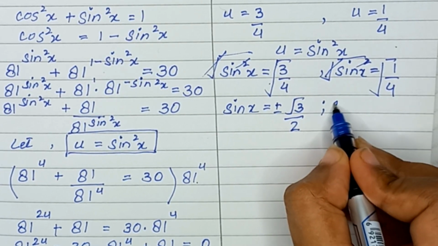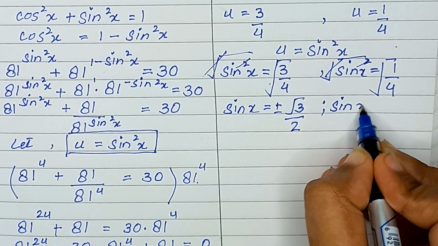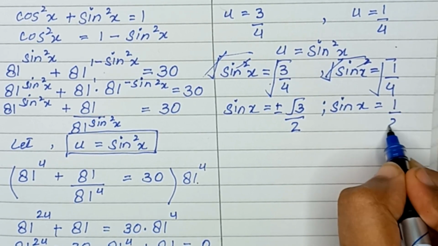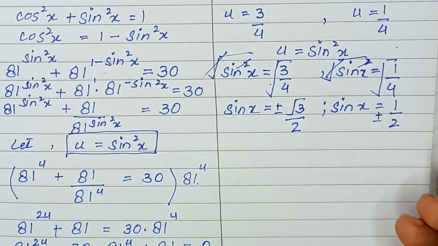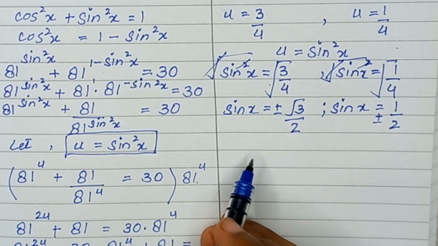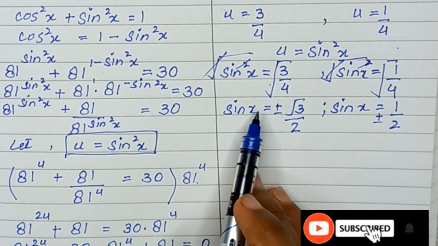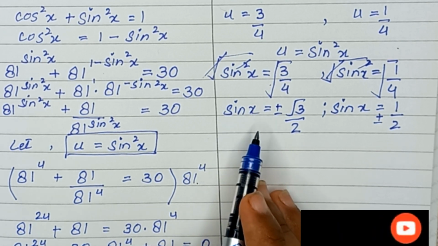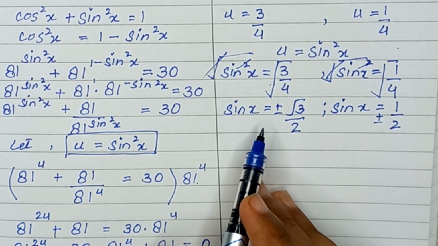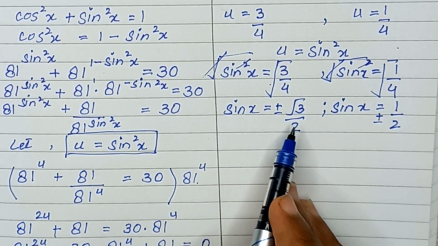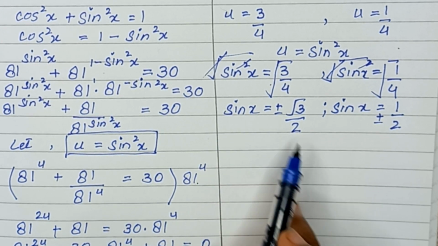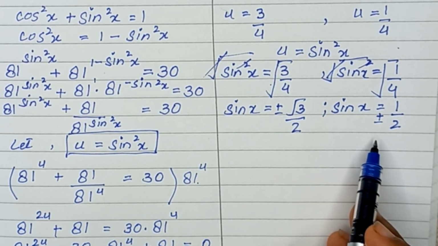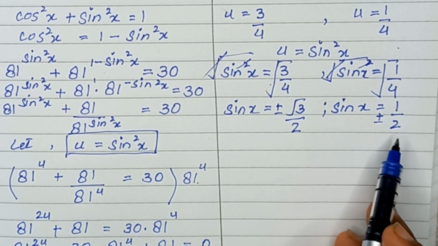And in this case, sine x is equal to the square root of 1 is 1, and the square root of 4 is 2, so plus minus 1 divided by 2. But our main target is to find the values of x, to find the angles x. So here we have sine x is equal to plus minus square root of 3 divided by 2, and sine x is equal to plus minus 1 divided by 2.